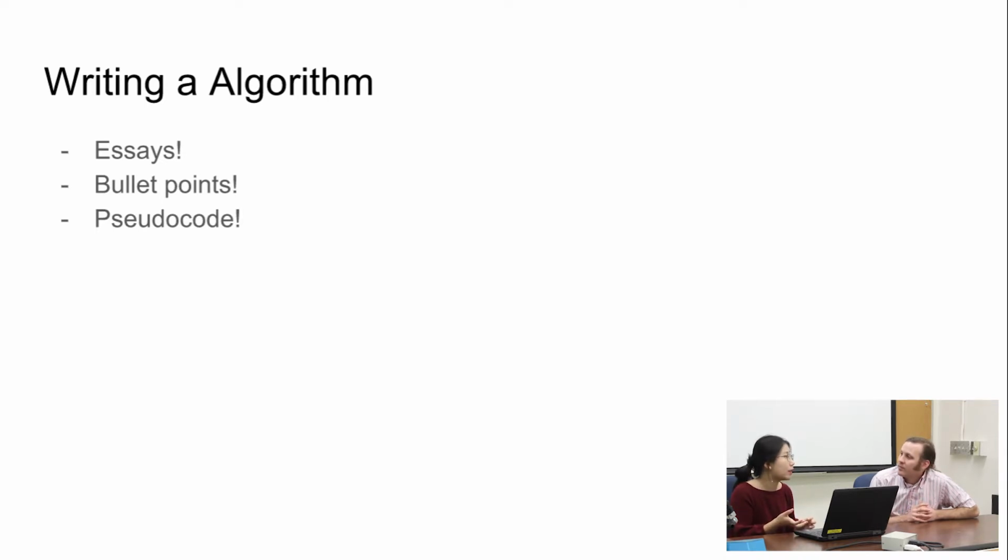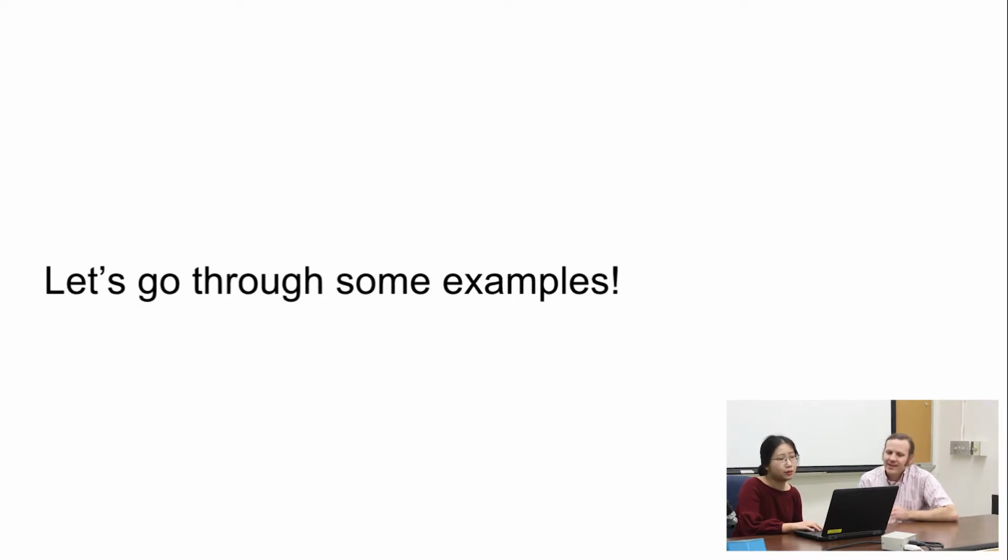We're going to have a video about how to write pseudocode, but we're going to show you how to write the algorithm in some of these forms. Essays or bullet points are fine. You can do any of them, whatever helps you keep track of all the steps and record them correctly. Okay. So let's go through some examples.